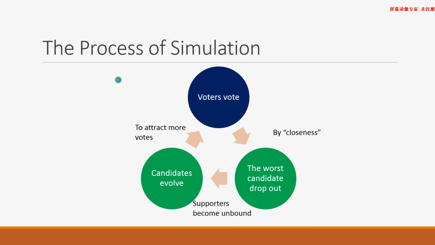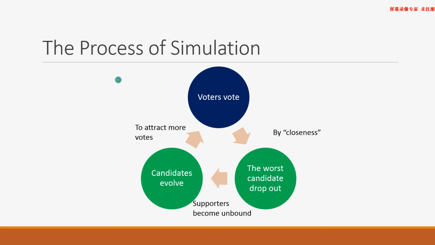And now let's look at the process of the simulation. The process is a cycle. Voters first vote for the candidate who is closest to themselves in ideology, which is computed by the distance between the two vectors. Then the candidate with the least votes will drop out of the race and leave his supporters unbound.